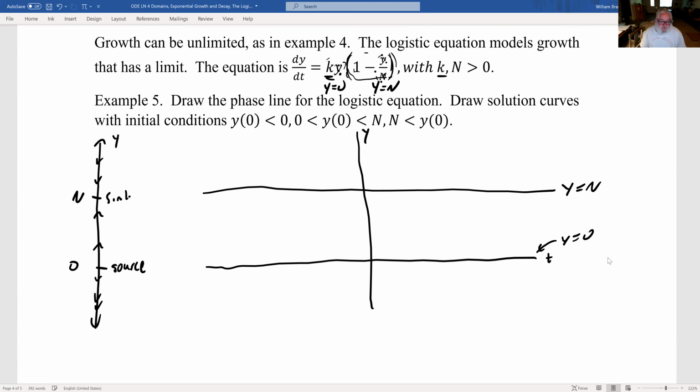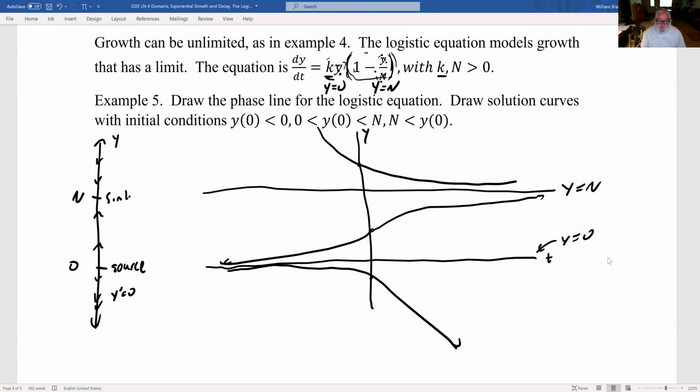And so what do solution curves look like? If we start negative, our solution curves should look like this. They're always decreasing because y prime is less than 0. If we're in between, we should be increasing. And if we're above here, we should be decreasing, because y prime is negative up there.